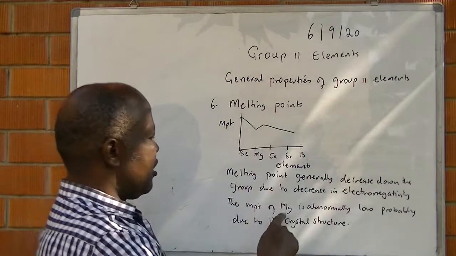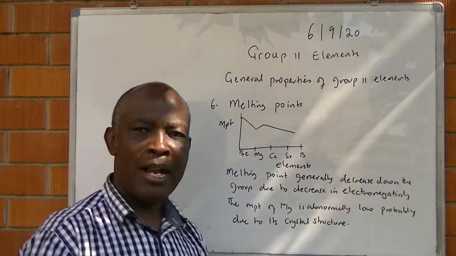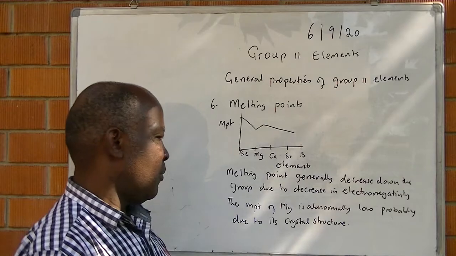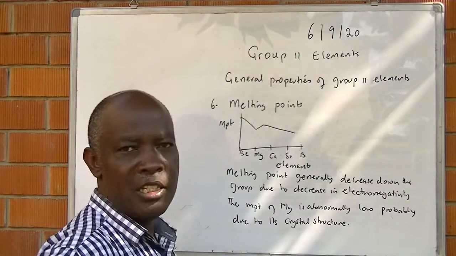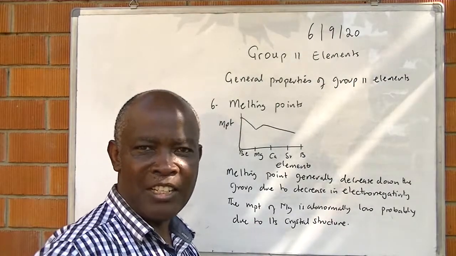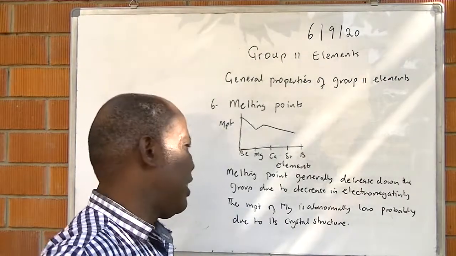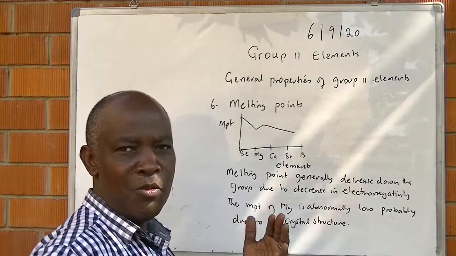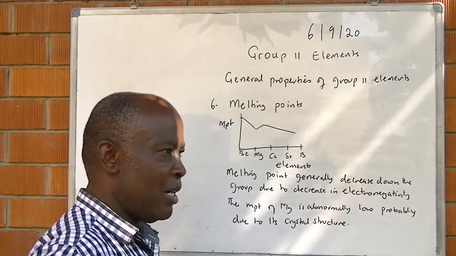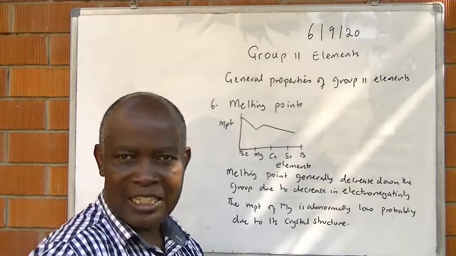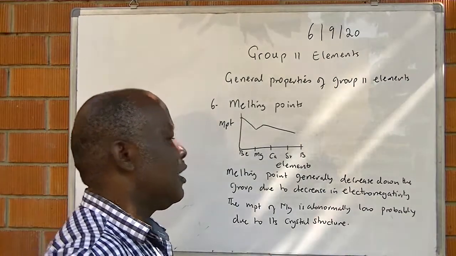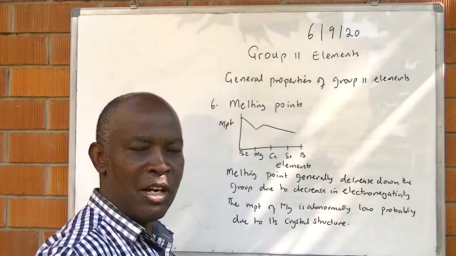The melting point of magnesium is abnormally low, probably due to its crystal structure, but there's no agreed on reason why the melting point of magnesium is abnormally low. But if somebody wanted any answer, we can say probably due to its crystal structure.